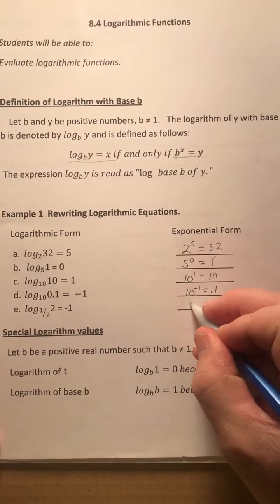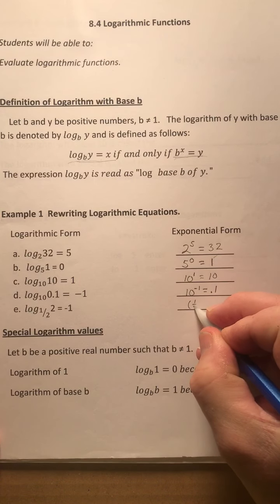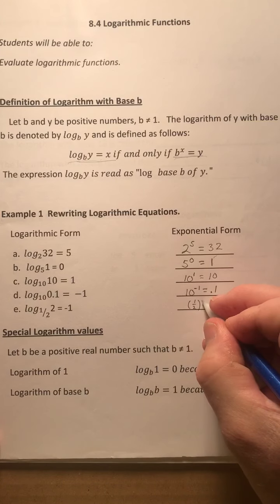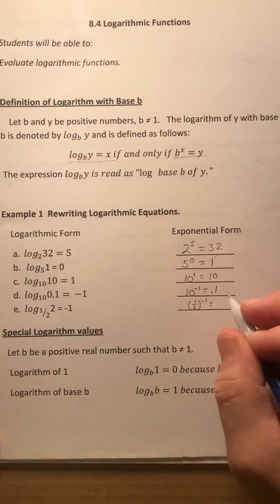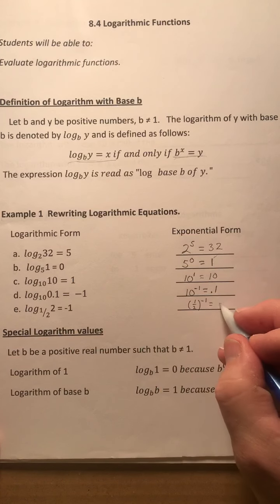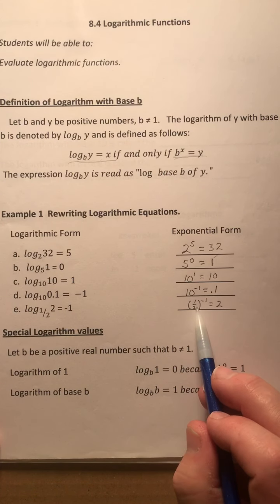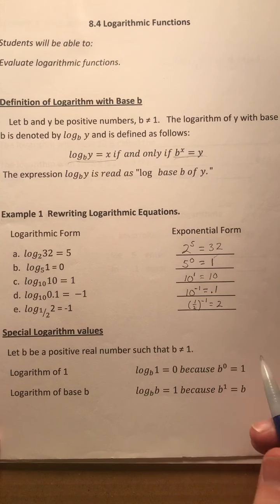Anytime you have a fraction, you should put it in parentheses. Our exponent is negative 1, and it is equal to 2. A negative 1 on the outside just means we flip the fraction inside, so that would give us 2. It should make sense that that is true.